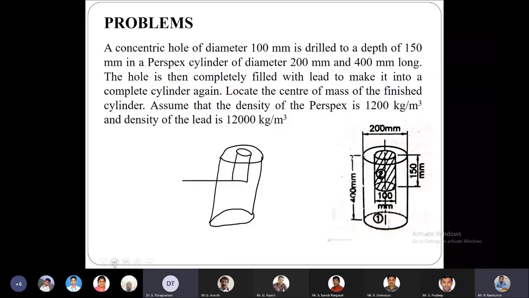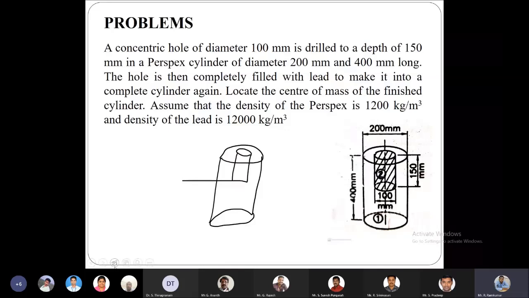Okay sir, thank you sir. So here we are having a perspex cylinder, that is, it is a transparent one. Assume we have a plastic bottle. If we pour some orange juice or something else, we are able to see what is present inside, very transparent. The same way, here we have a perspex cylinder made of a resin oriented plastic.